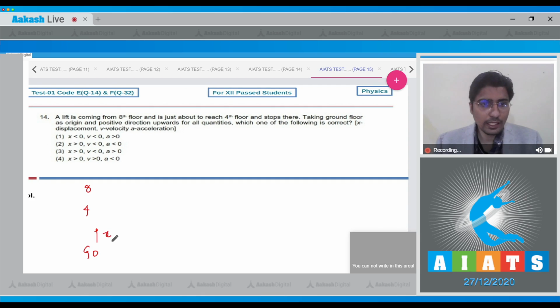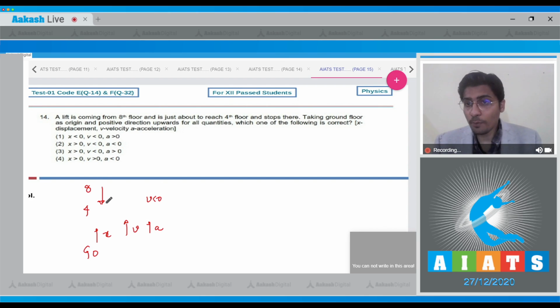As we move upwards, x will be positive, while upwards velocity will be positive and upwards acceleration will be positive as well, as it is given that positive direction is upward for all the quantities. The lift moves down and is about to reach the 4th floor. This means that the velocity is less than 0, as it is downwards and upward direction is taken as positive.